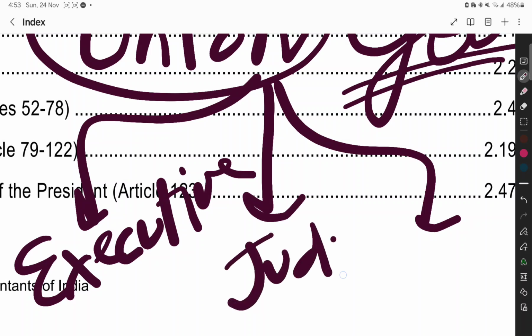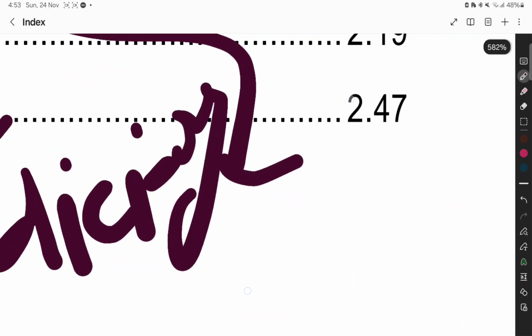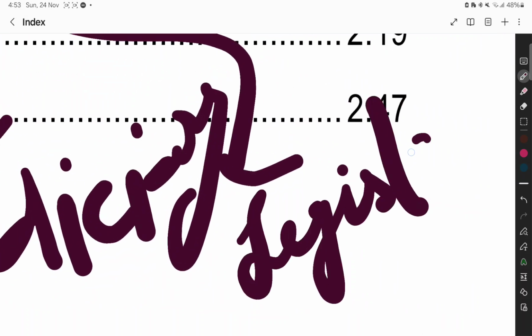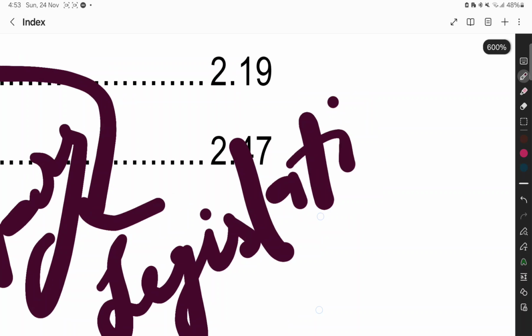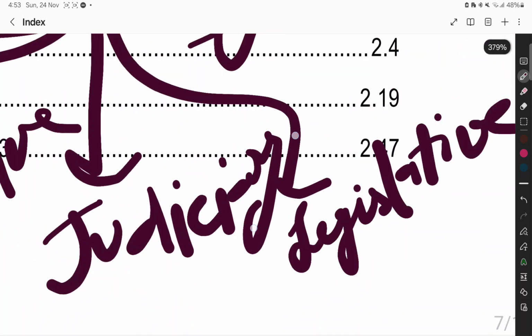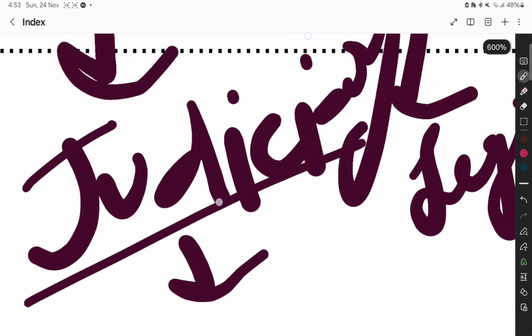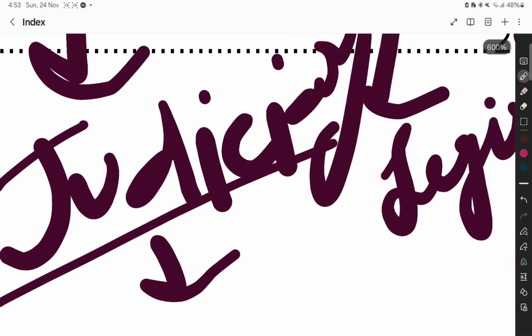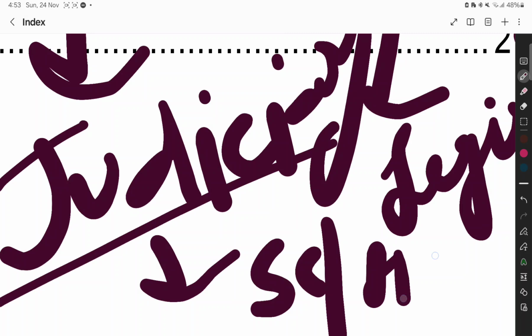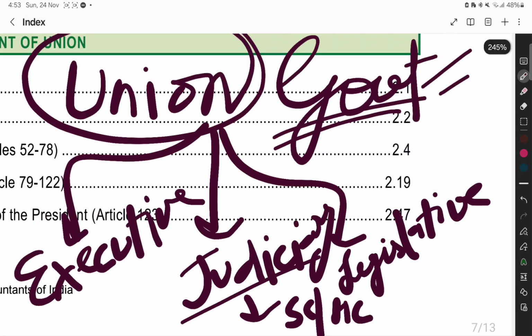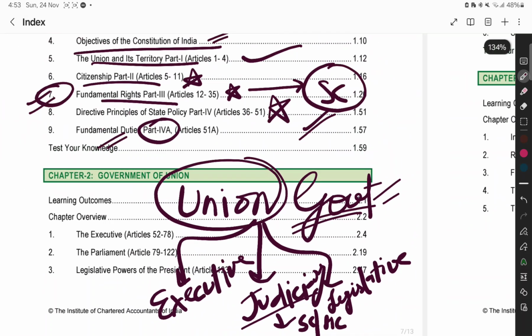In this we discuss some judiciary functions, and last we discuss some legislative functions. In judiciary we are going to discuss what the rights and responsibilities of the Supreme Court and High Court are, and what writ petitions are available to us, and so on and so forth. We will discuss that further.